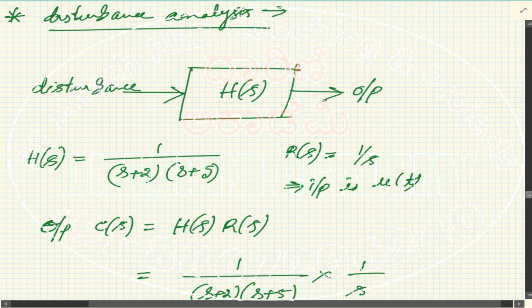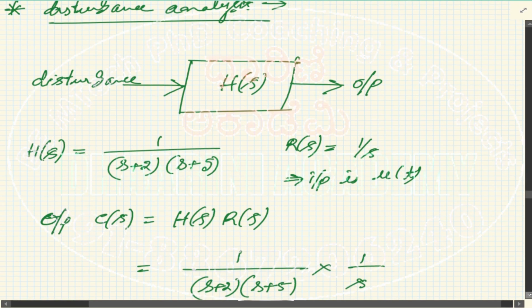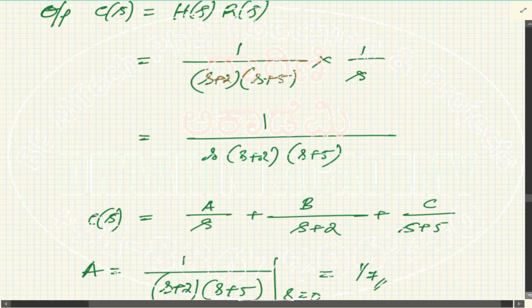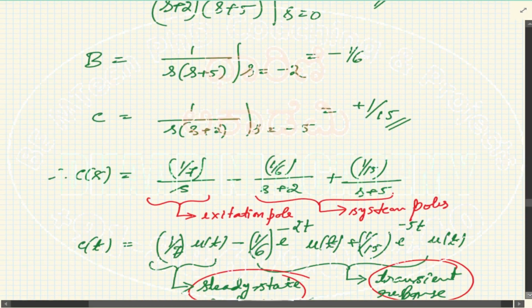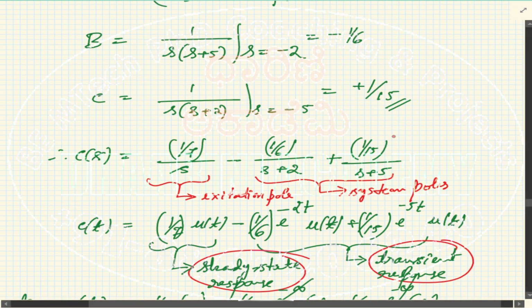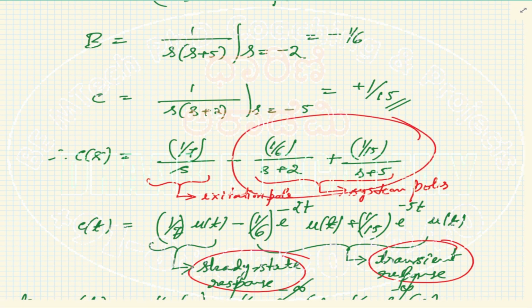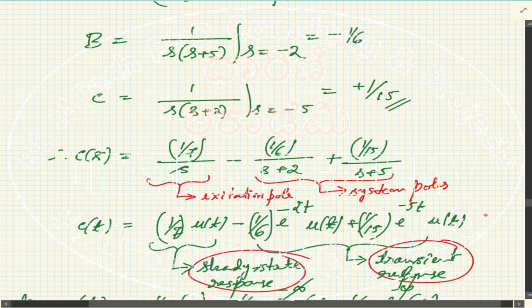You have a system equation denoted by h of s, given an input r of s. The output c of s has basically two parts. One part comes directly from the poles of the system, the poles present in the h of s, the transfer function. They are called the system poles.